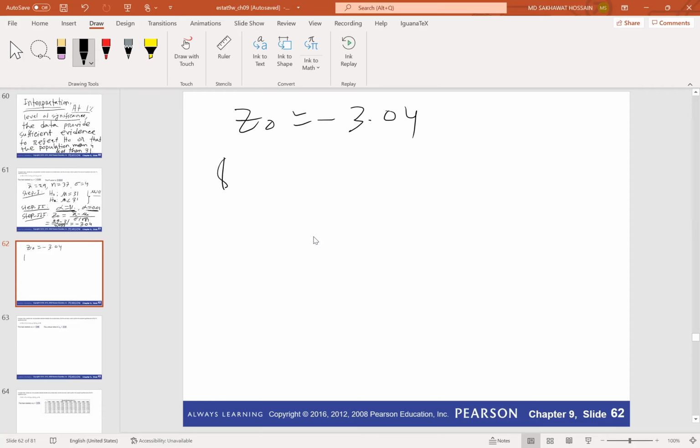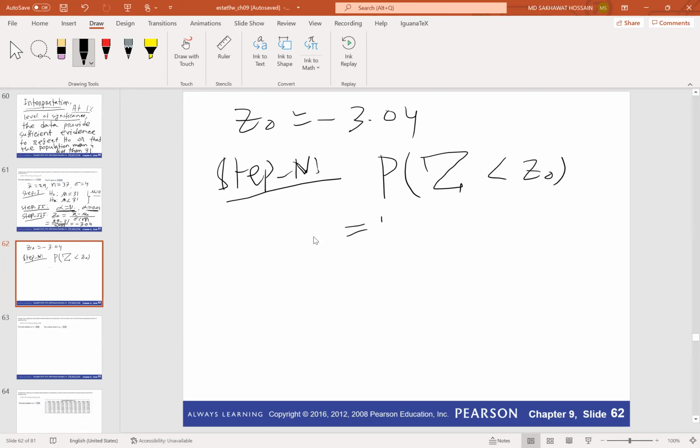So this is step 4. Since this is a left tail test, the p-value is the probability of z less than z0. That means the probability of z less than negative 3.04.